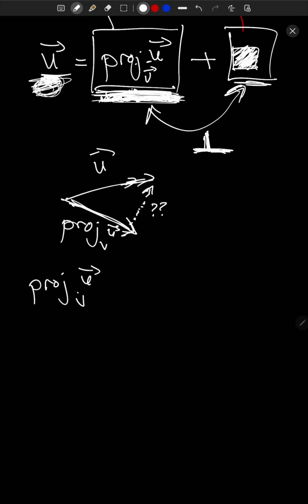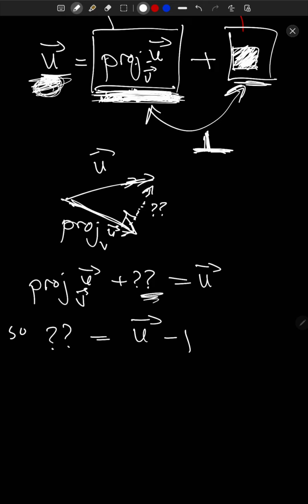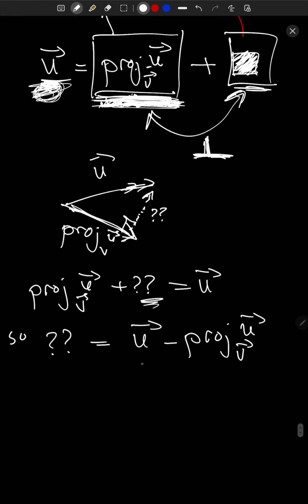The projection of u onto v plus the mystery vector is equal to u. What does that mean? That means this mystery vector is equal to u minus the projection of u onto v. And that's it. It's kind of anticlimactic, but that's our mystery vector.